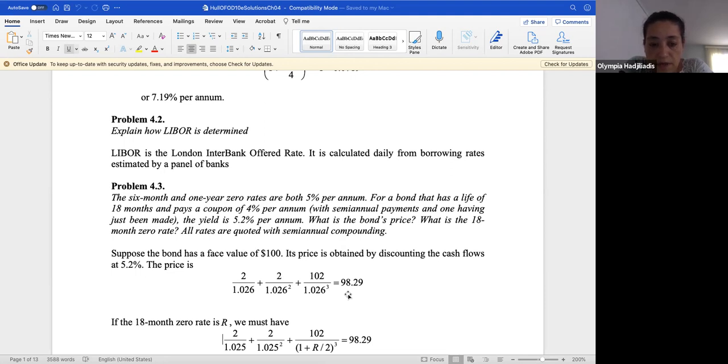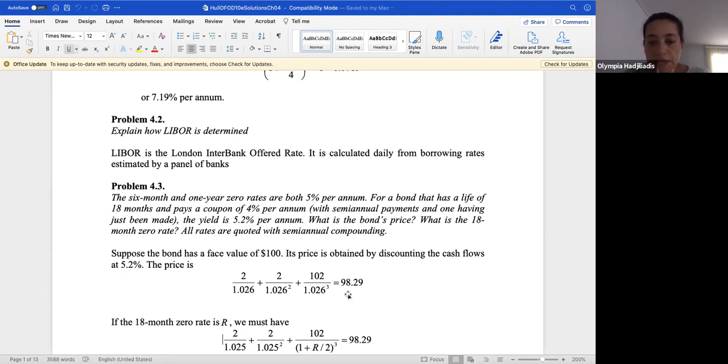This is the present value of the first $2. And then the second $2, which is paid in 1 year from now, you discount, you take the present value of that. So 2 divided by 1.026 squared gives you the present value of that.